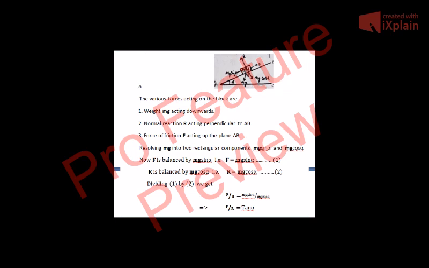So F is equal to mg sin alpha, and R is equal to mg cos alpha. Now when we divide equation first by equation 2, we get F by R is equal to mg sin alpha by mg cos alpha, which means F by R is equal to tan alpha, because mg and mg will cancel out, and sin alpha by cos alpha is equal to tan alpha.